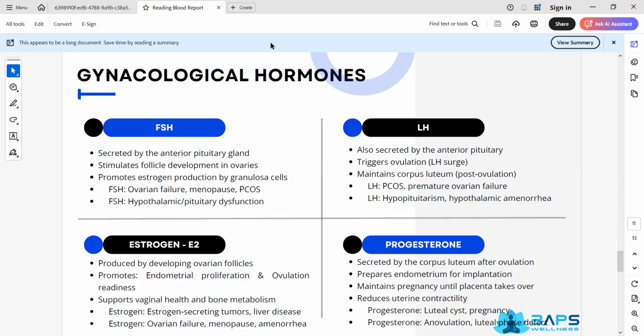Sir, I have one question. Usually we take Doppler studies for diagnosing varicose veins. Can any blood test diagnose varicose veins? For varicose veins, there is no related blood test that can indicate it, because it is a physical problem. The stagnation of blood, which is not moving upward properly, leads to stasis and creates that web.